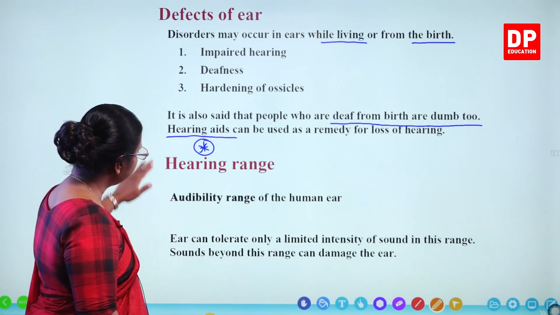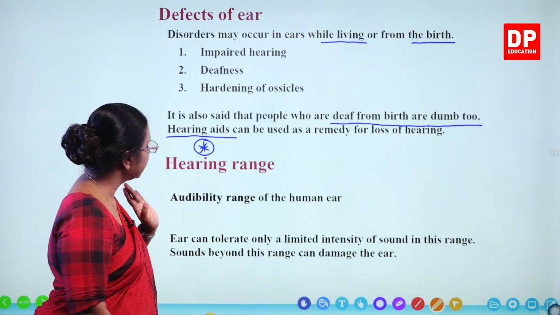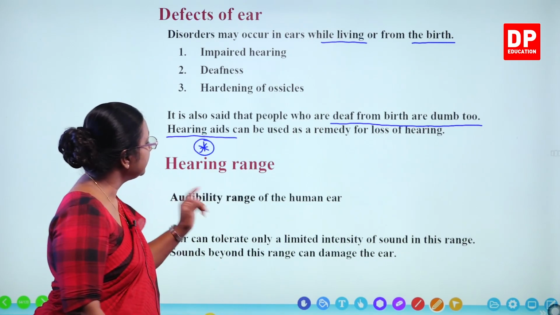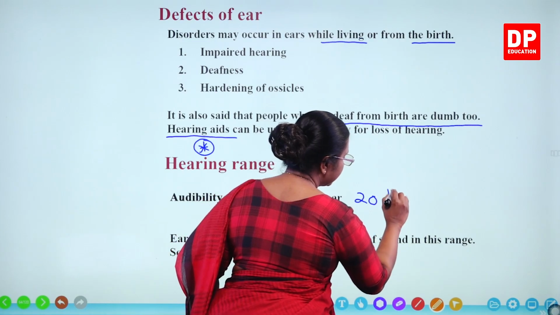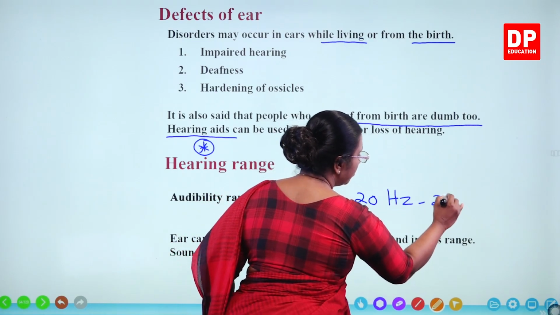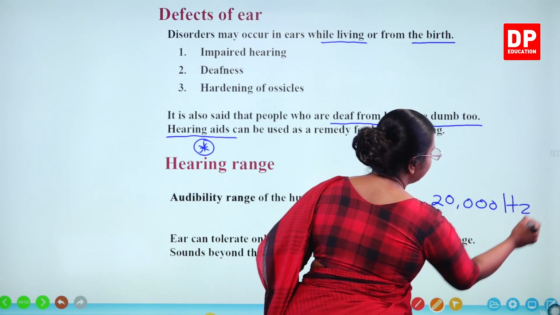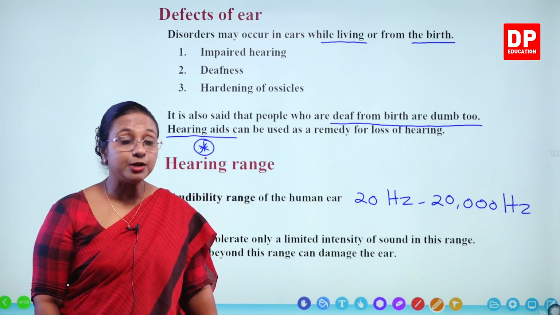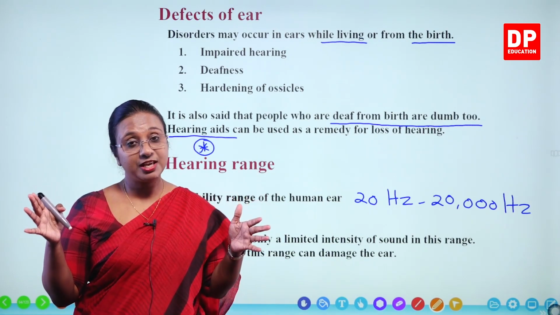With that, we move on to the next topic where we discuss hearing range. The audibility range of the human ear is given as 20 Hz to 20,000 Hz. When we say Hertz, that is the frequency of sound. Sound waves are there with different frequencies.